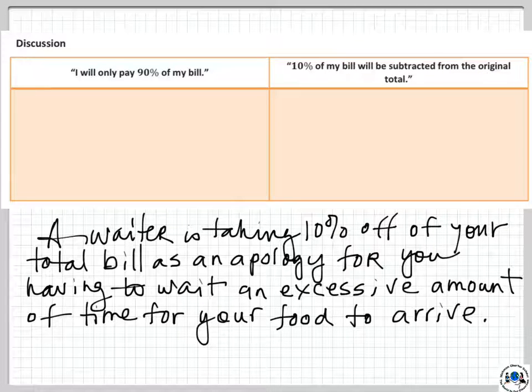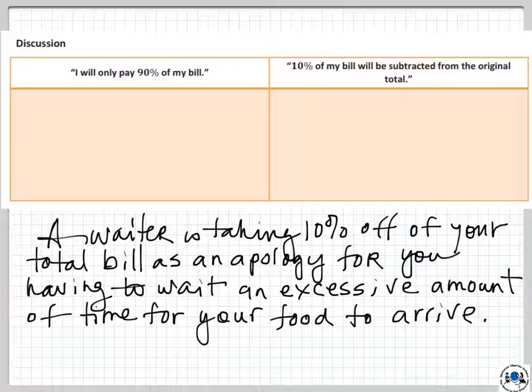So a waiter is taking 10% off of your total bill. Now there are a couple of ways to look at this, and you're going to come to a conclusion as to what you think is more useful to you. What's going to work for you?